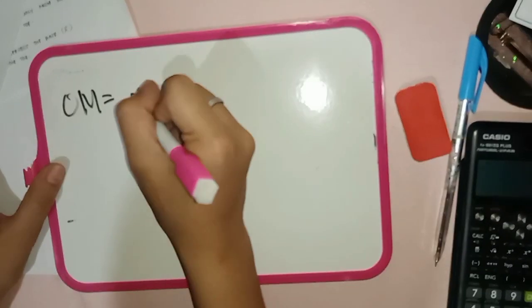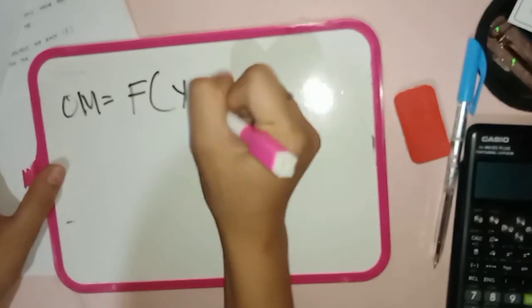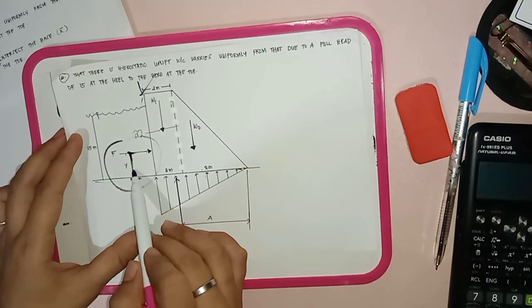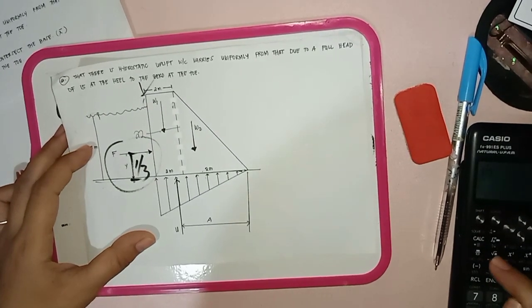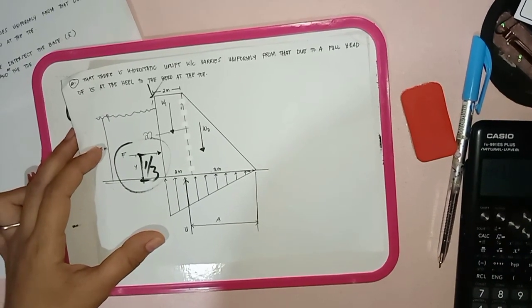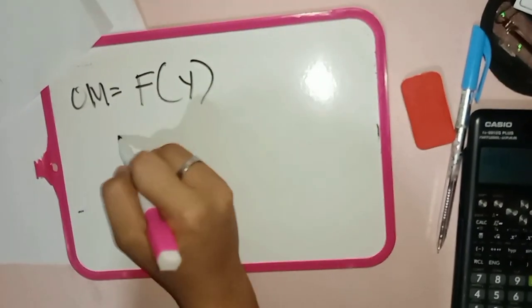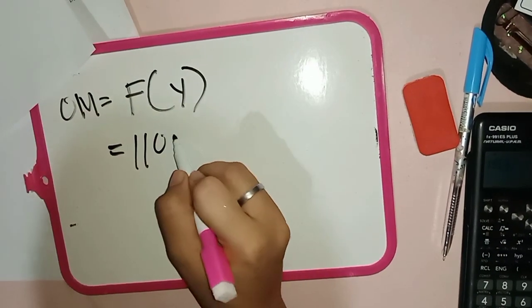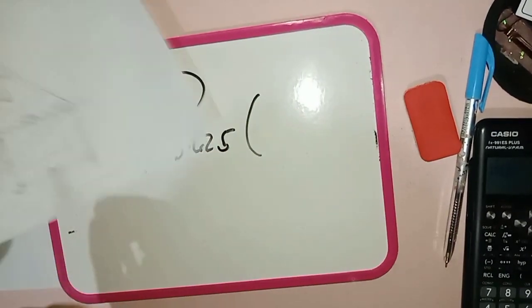Since we have no uplift, we just multiply the force by the distance. Our distance is 1/3 times 15, which equals 5. So our distance is 5. Our force value is 1103.625 times our distance of 5.